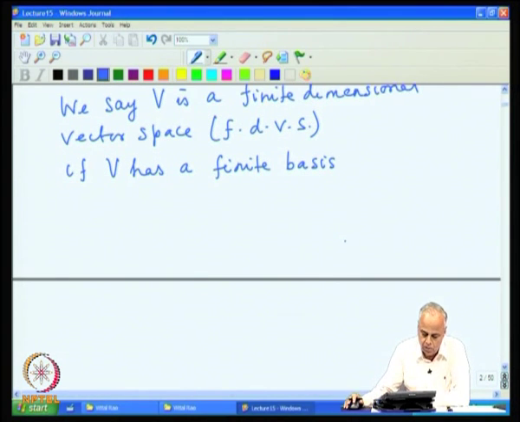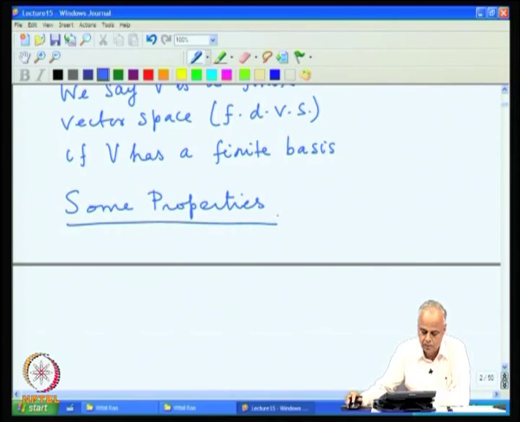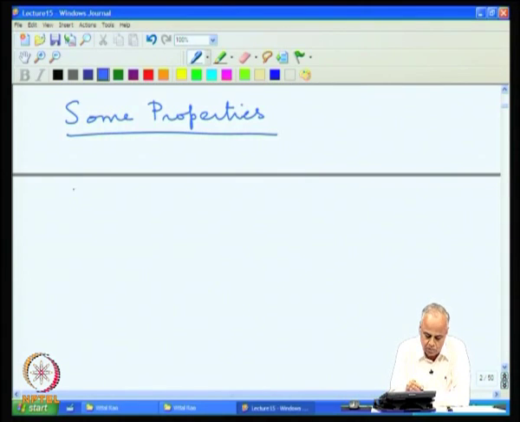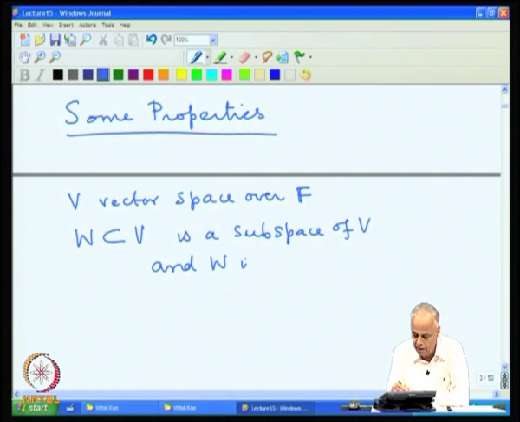We shall now look at some properties of finite dimensional spaces. Suppose again we start with V a vector space over F and W contained in V is a subspace of V and W is finite dimensional.